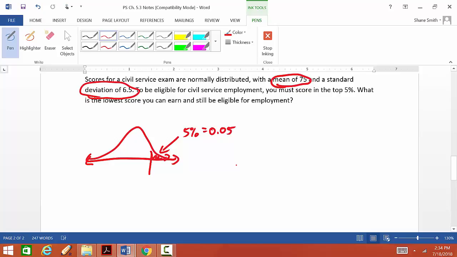So basically, I want to find out what this z-score is, so that way I can use the z-score, the mean, and the standard deviation to figure out the cutoff score. Well, first off, I need the z-score for the top 5%. Now, the top 5% is to the right, but remember the table gives you the area to the left. So really the number I'm going to look up in the table is 0.95.